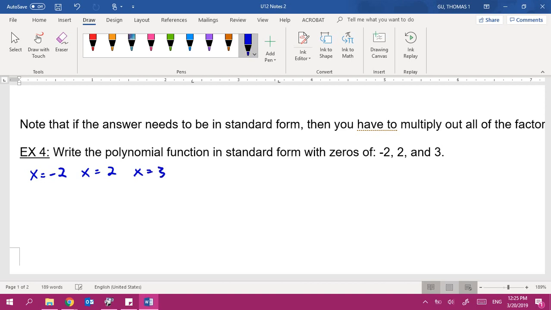Okay, so can you tell me the factors based on those then? X plus 2, right? And then, what about this one? Right. Okay, so there's my three factors right there. 1, 2, 3. So what is my factored form going to be?